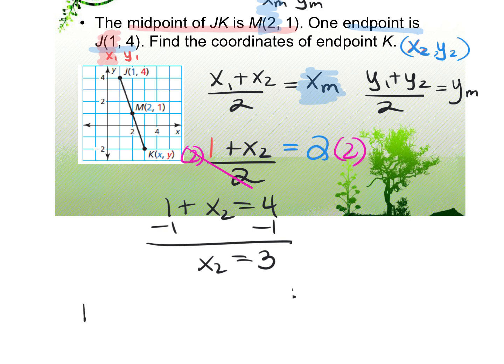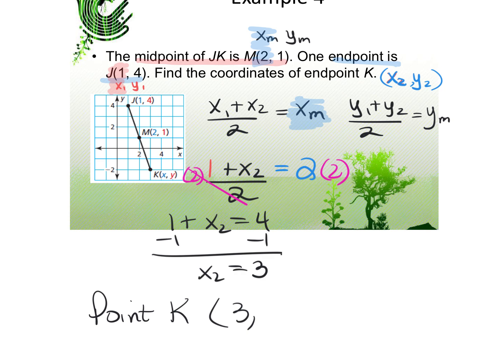So far, for point K, the other endpoint, I've got the first part of the ordered pair. Now I've got to get the y. So now I'm going to take, again, the y of my midpoint, this 1, and I'm putting it right here.